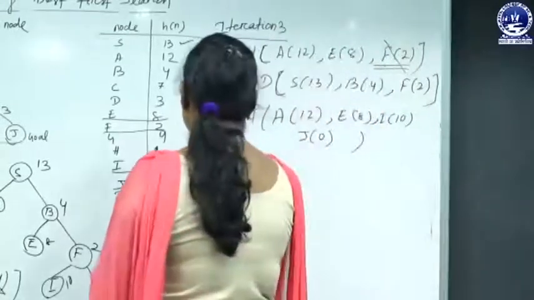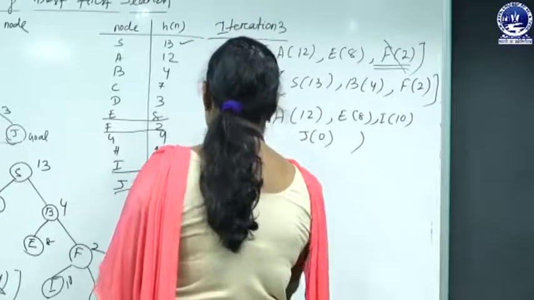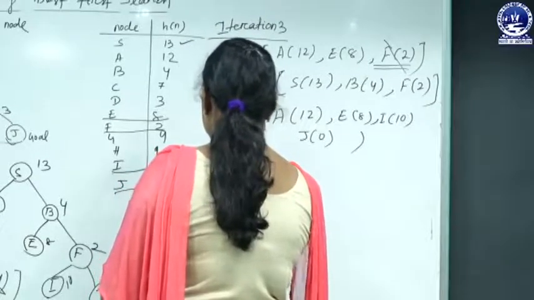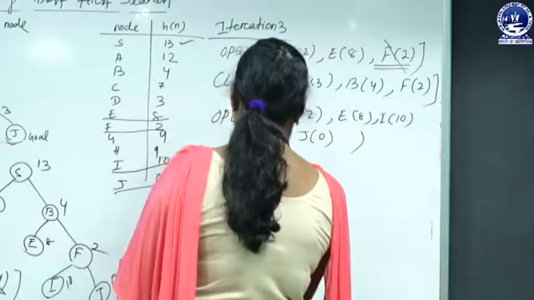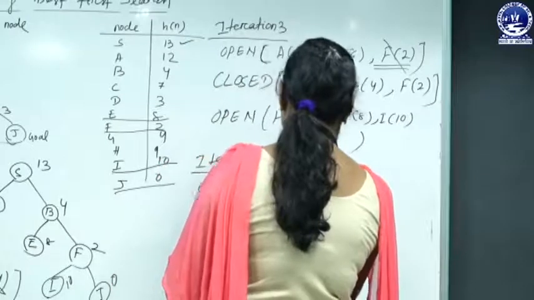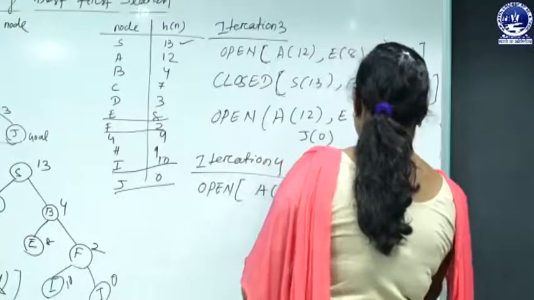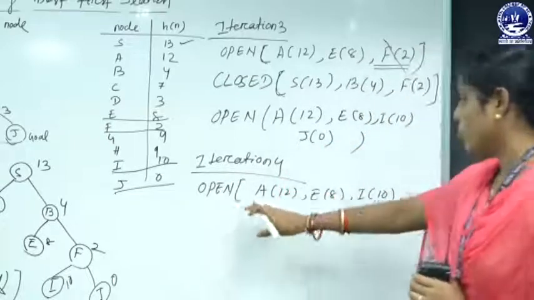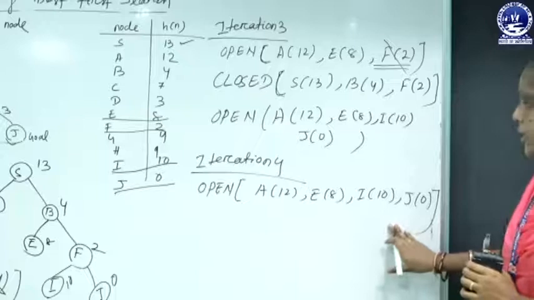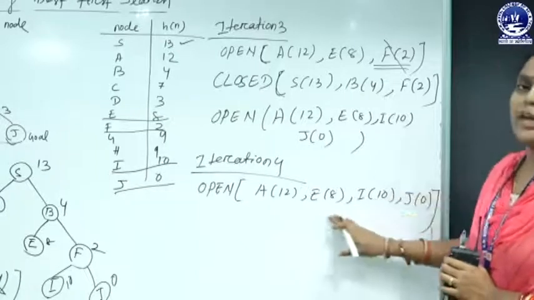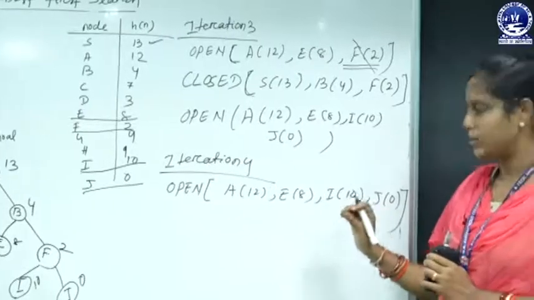In iteration 4, our open list contains A12, E8, I10, then J0. From this open list you select the node which has the minimum heuristic value.